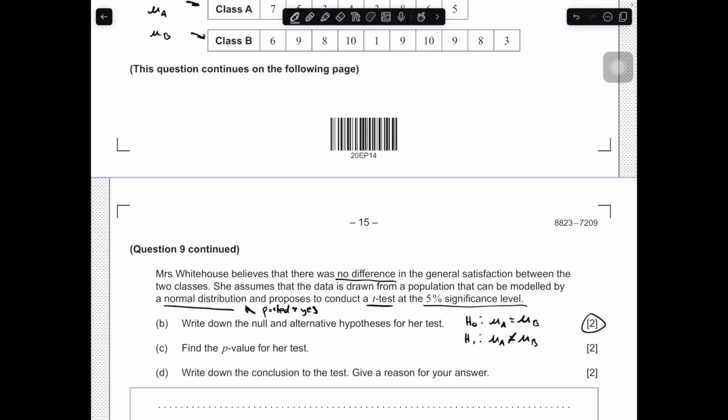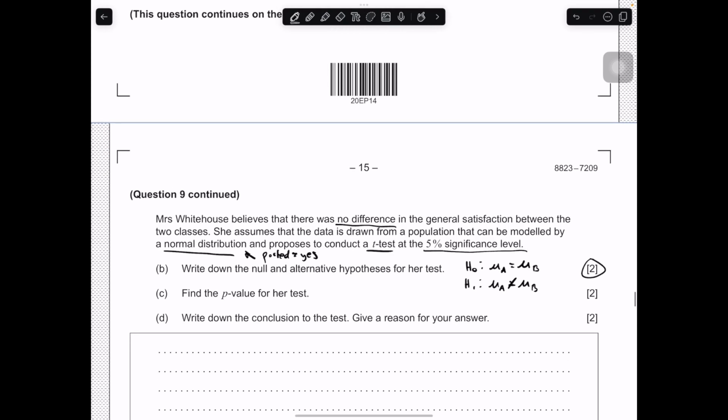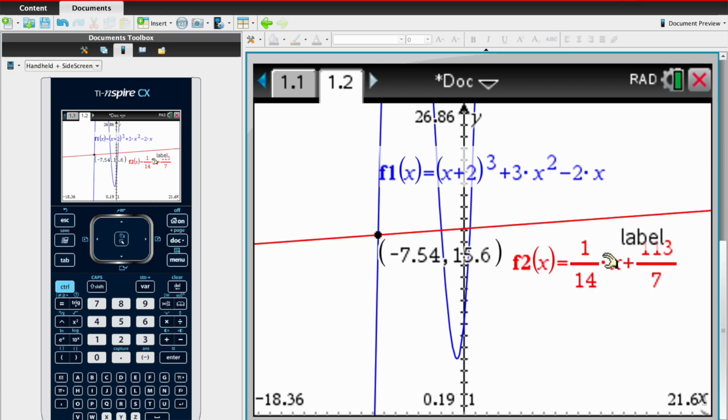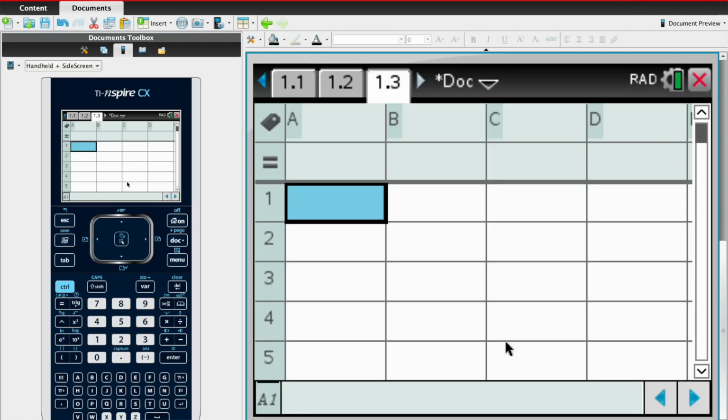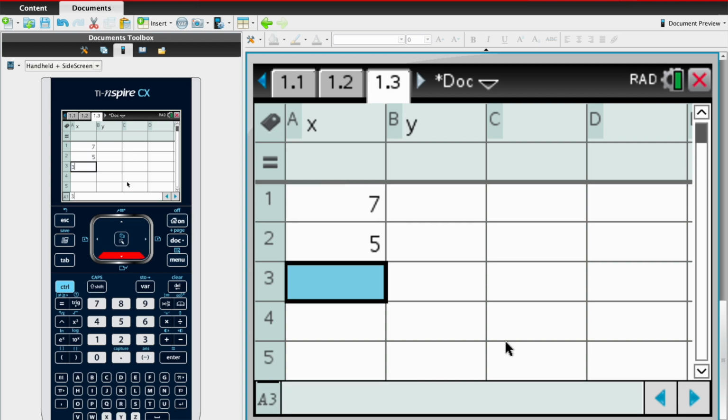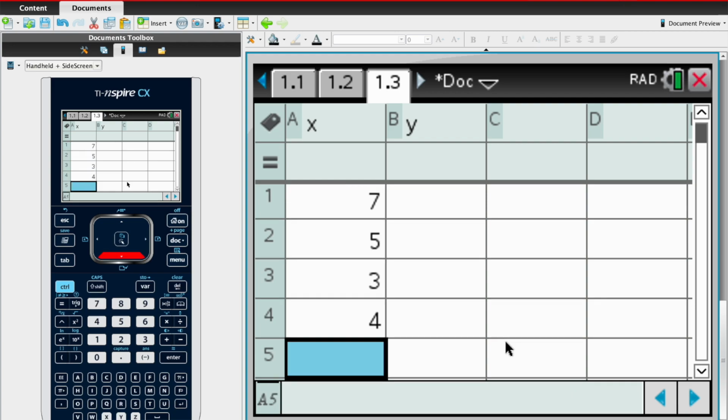Find the p-value for her test. Okay, we know it's at the 5% significance level. That comes later. Find the p-value. Let's go into the calculator screen and work this out. Go back to spreadsheets. Let's set a value for x and y, or Class A and B, and let's input the values. 7, 5, 3, 4, 3, 8, 6, 5.